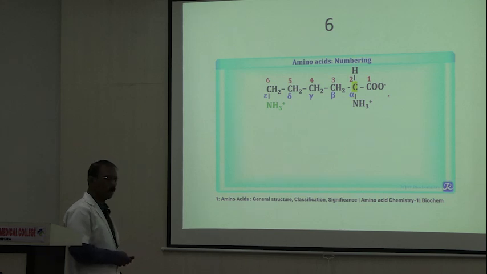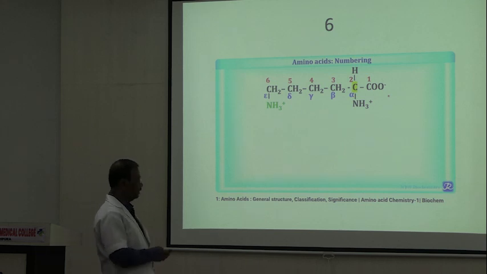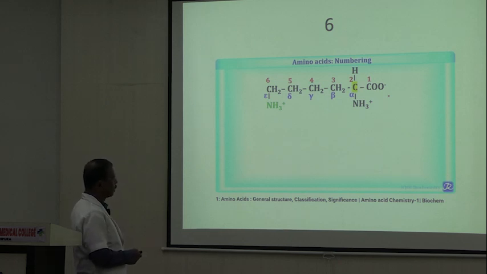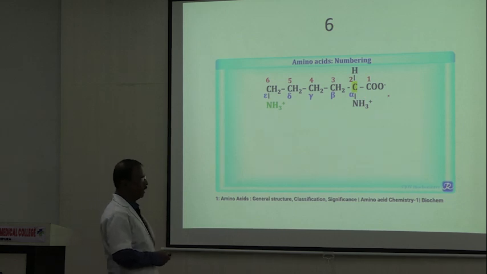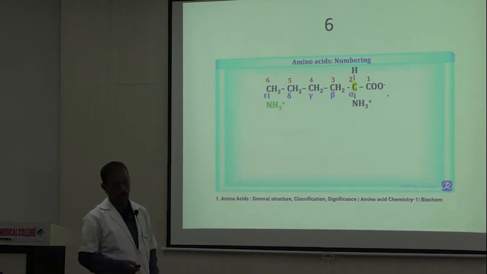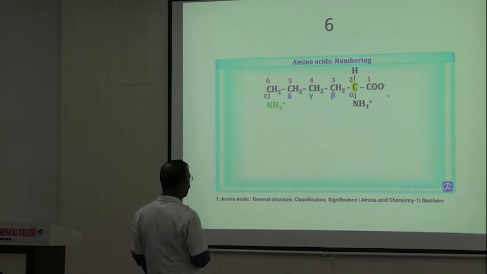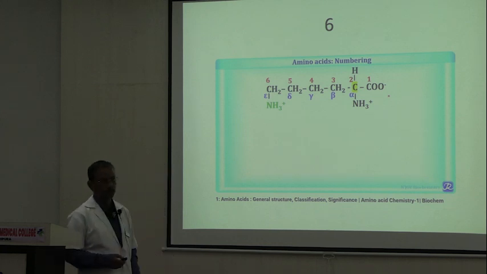Now the numbering of carbon in amino acids. The carbon atom where the carboxyl group and amine group are attached is called the alpha carbon. Next to the alpha carbon is beta, then gamma, delta, epsilon, like that.